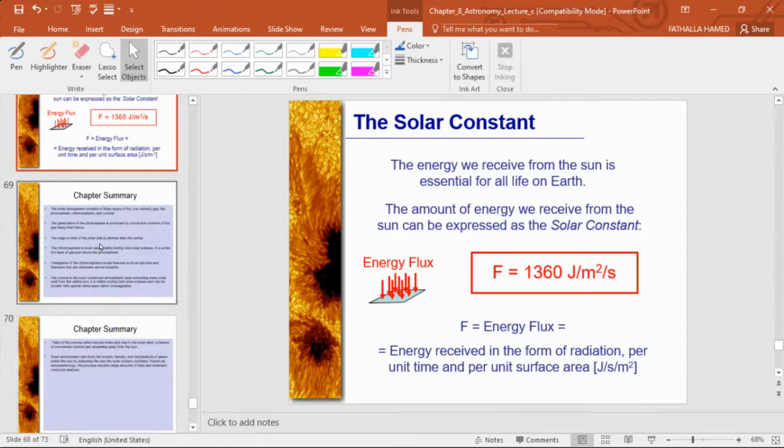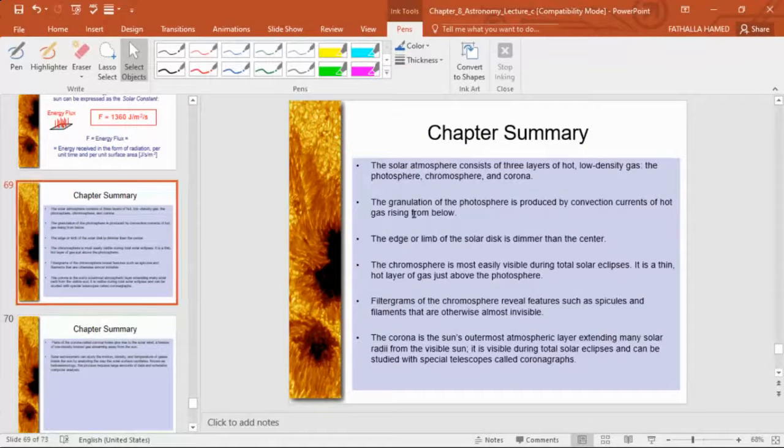Now we can summarize the whole chapter, but we already talked about these points in chapter number 1 when we talked about the atmosphere of the sun and the 3 layers. There is one point I will try to say: the edge, or limb, of the solar disk is dimmer than the center.